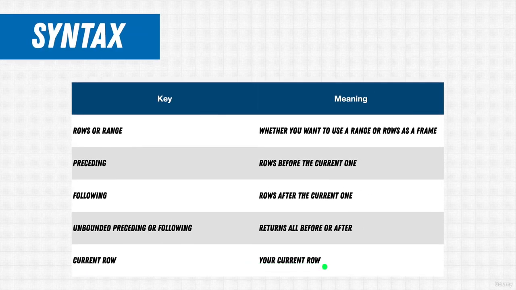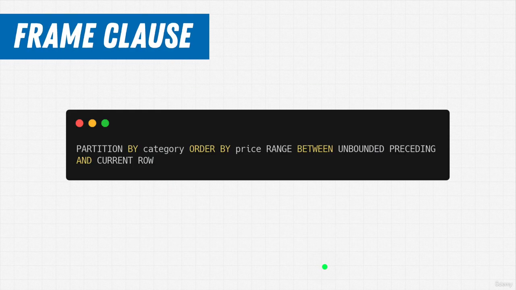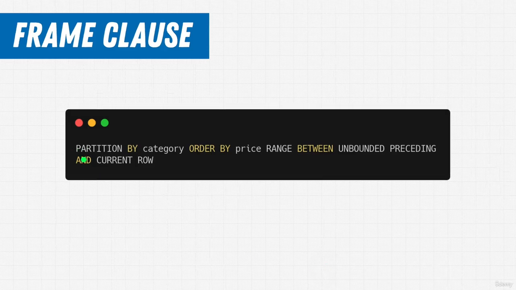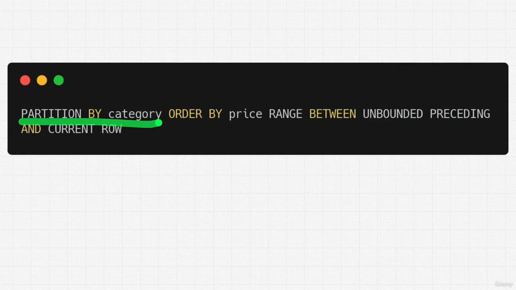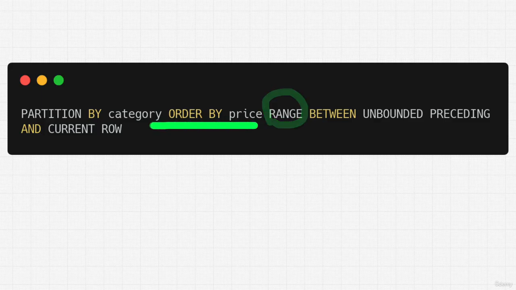When we throw that all together, we can say something like, create a partition by the category, so group all of my categories together. Then order it by price. And take that range of data that I just gave you, and look at everything that came before and the current row.